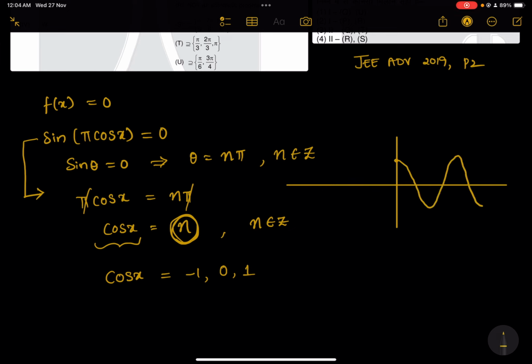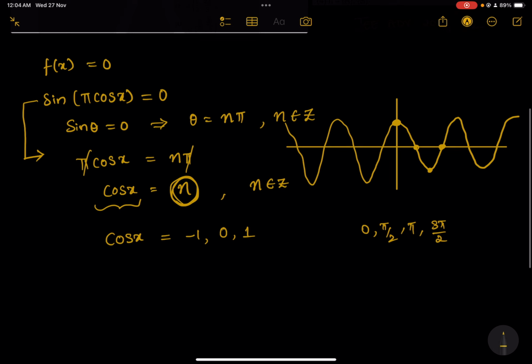If we draw the graph of cos x, with 0, pi by 2, pi, 3 pi by 2, the solutions are all the multiples of pi by 2, including minus pi by 2 and minus pi.